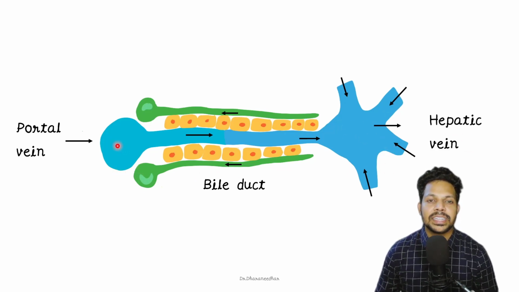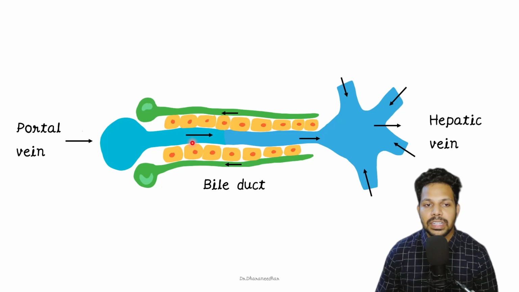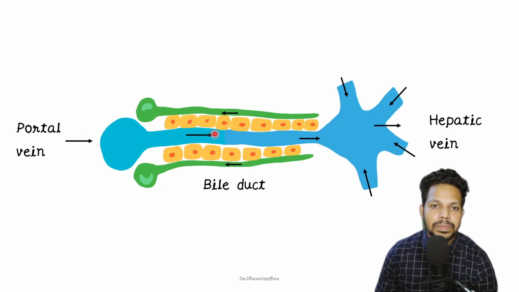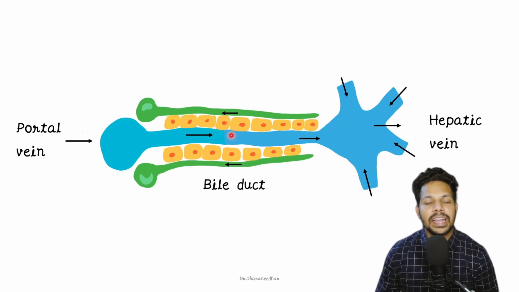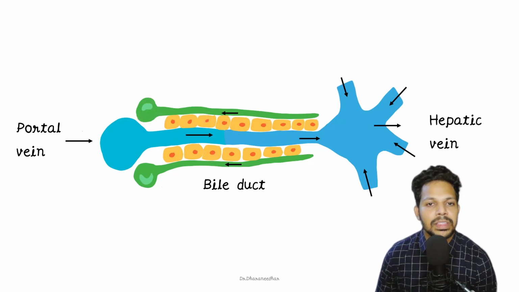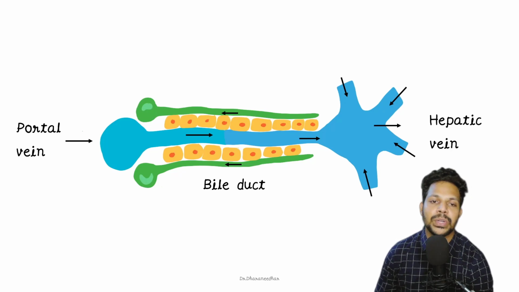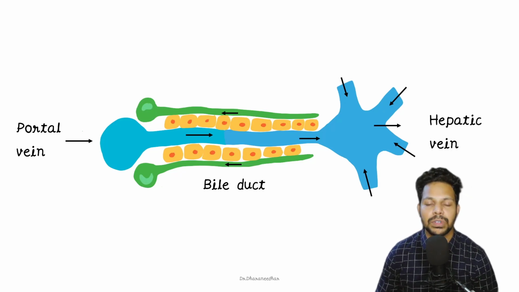So the blood that is being collected from the intestine through the portal vein enters into the liver, and in the hepatic sinusoids, the hepatocytes take up all the solutes that are there in the sinusoids. They are metabolized and detoxified, and they are further given into the bile canaliculi, and from the bile canaliculi they will go into the bile duct. Right? This image is important to understand here for the further understanding of jaundice.